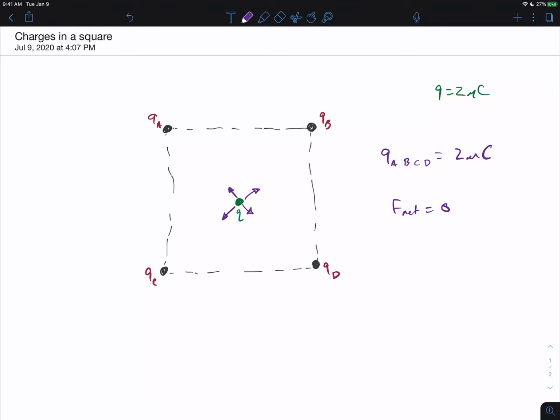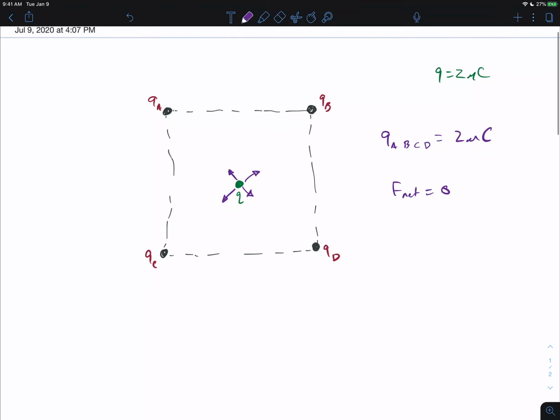It should be 0, but we can actually find this by calculating, right? So what we need to do is find the force on each one of these using our formula, which is K Q1 Q2 over R squared, right?